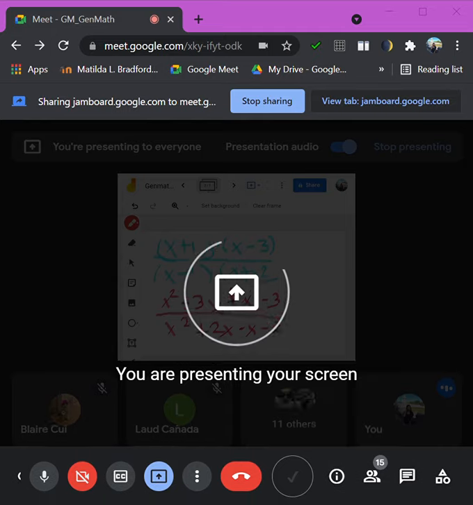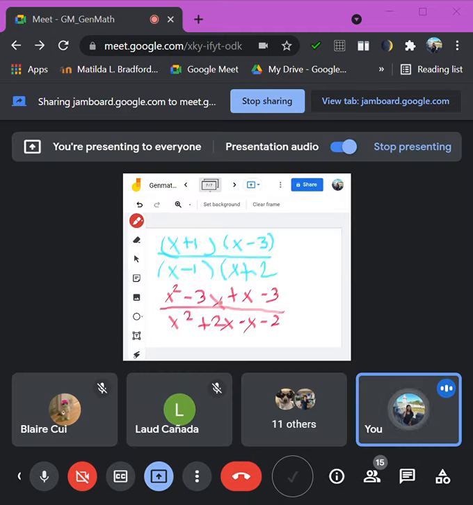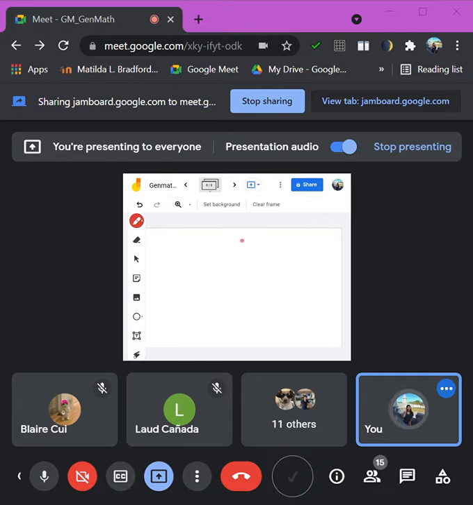Since we have expanded it, we can already simplify by combining like terms. We have x squared, and negative 3x plus x is negative 2x, and then negative 3.